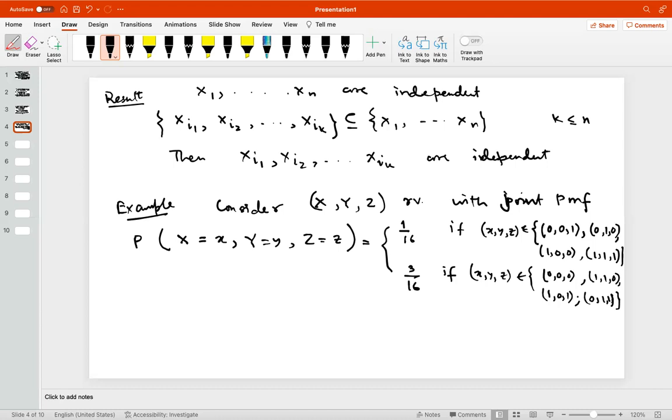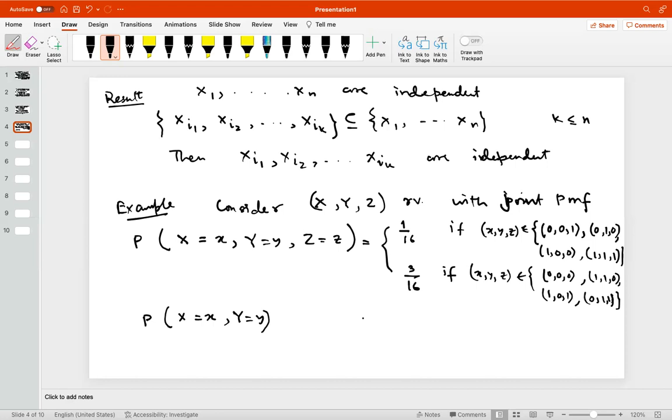Now this is pairwise independent, but not mutually independent. Why is it pairwise? Consider the probability of x equal to x, y equal to y. There are 8 values in total, since x, y, z can take 0 and 1.